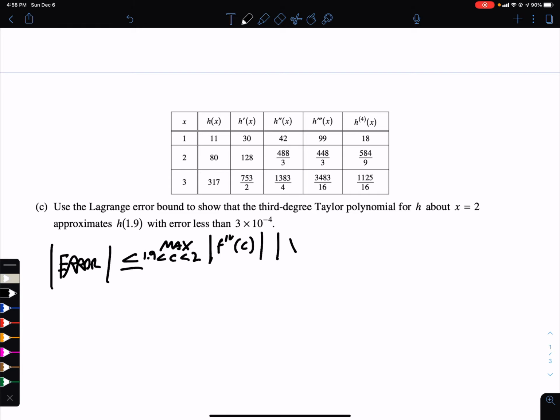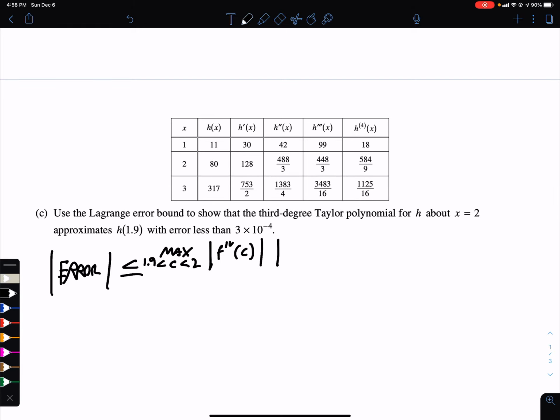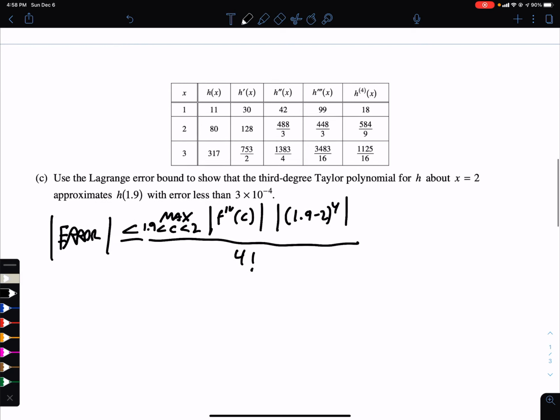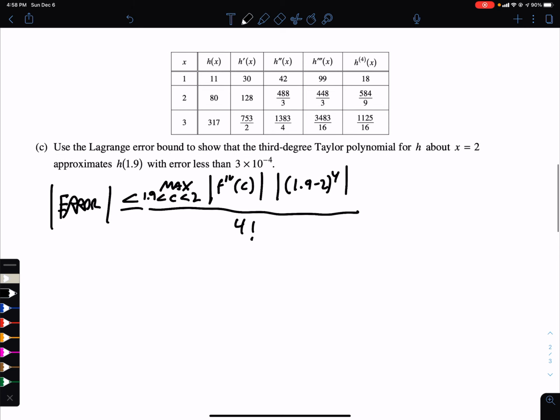I do need absolute value here because that's going to be negative if I don't, to the 4th power. Well, actually, the 4th power would make it positive anyway, so in the end it doesn't matter. Over 4 factorial. Now, all I do is plug in values.